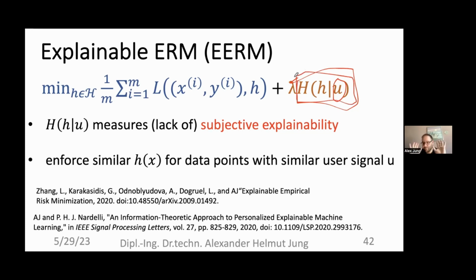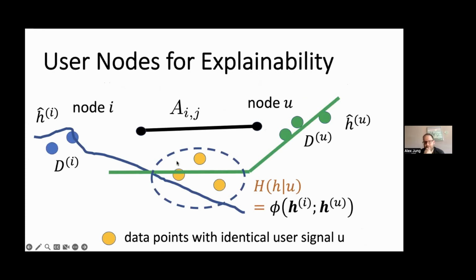And there are ways to make this precise under a suitable probabilistic model again. But it turns out that this is nothing but a regularization term. And in particular, this regularization term could be implemented via this variation measure. So we could have some nodes which represent the user or user signal. And this variation measure is obtained by using a test set that contains test data points which a user would consider similar or identical in certain aspects.